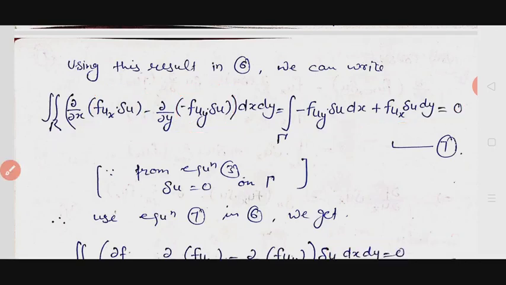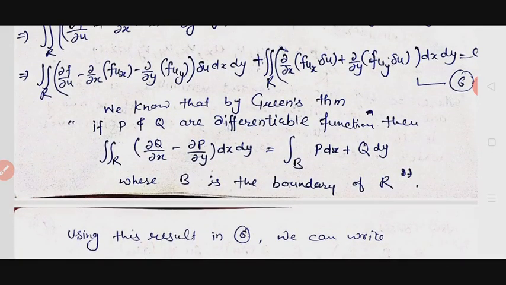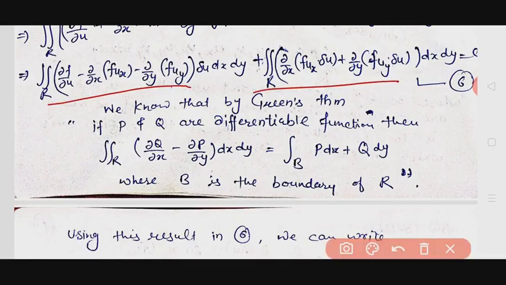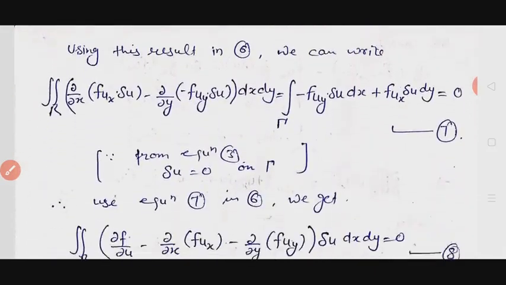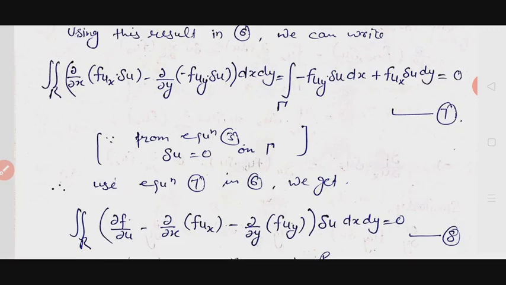If I use this value here, then from here I can use this value, sorry, this one, and plus the integral over the boundary I will use here by using Green's theorem. So we will get this thing. So it will be equal to this one, sorry.